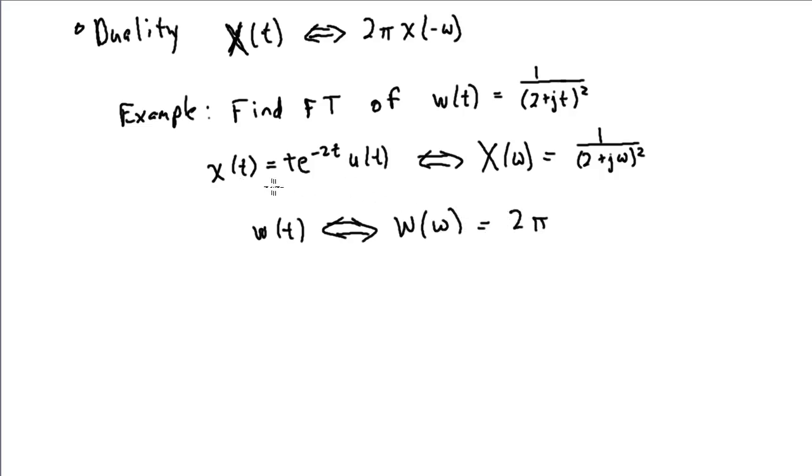Then I take the time domain function, the function on the left-hand side of my table. Now I'm going to substitute in minus omega everywhere t appears. So minus omega e to the plus 2 omega, and then u of omega. So this would be the Fourier transform of this particular function.